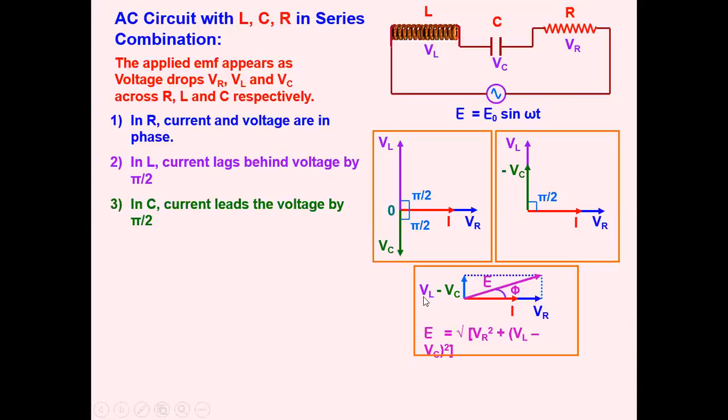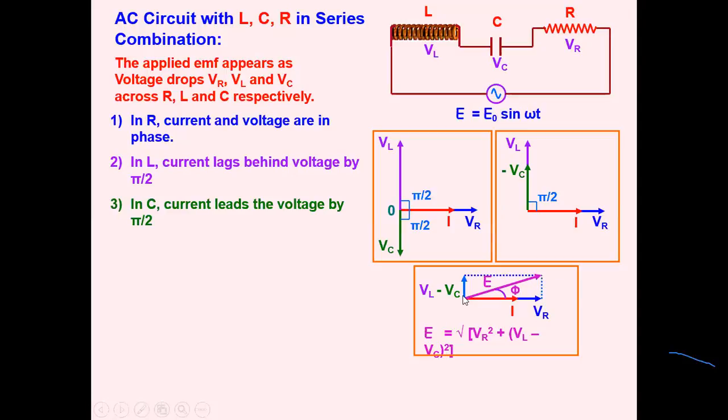VL minus VC represents one side, and I or VR represents the other side. As this is voltage, we take this as the resultant, the EMF supplied by the AC source.